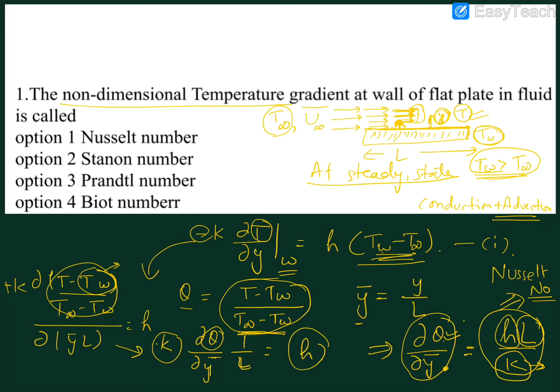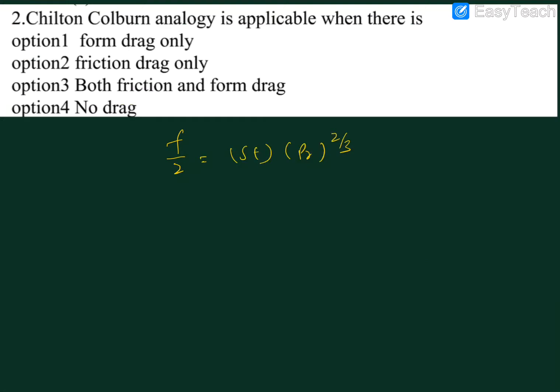Here we have a non-dimensional temperature and a non-dimensional space coordinate Y bar, so this is the non-dimensional temperature gradient, and it is nothing but HL by K. Anywhere, the Nusselt number is written as HL by K. So this is our derivation. In this way you can write that the non-dimensional temperature gradient at the wall of a flat plate in a fluid is called the Nusselt number. Okay, let's move to the next question.